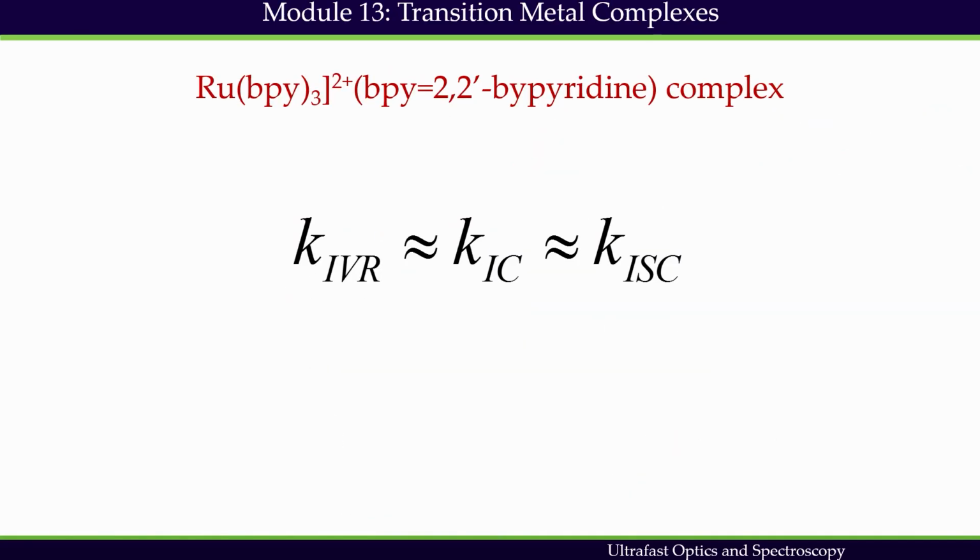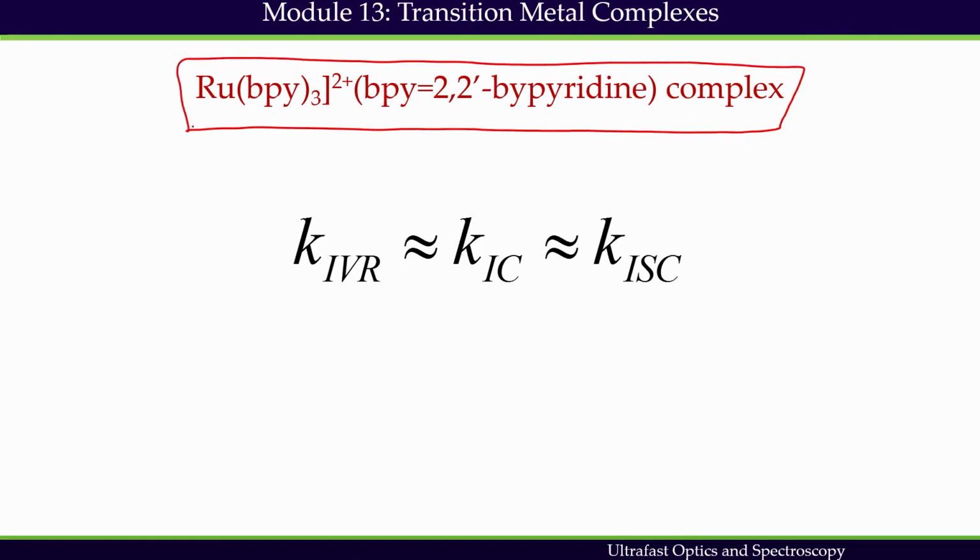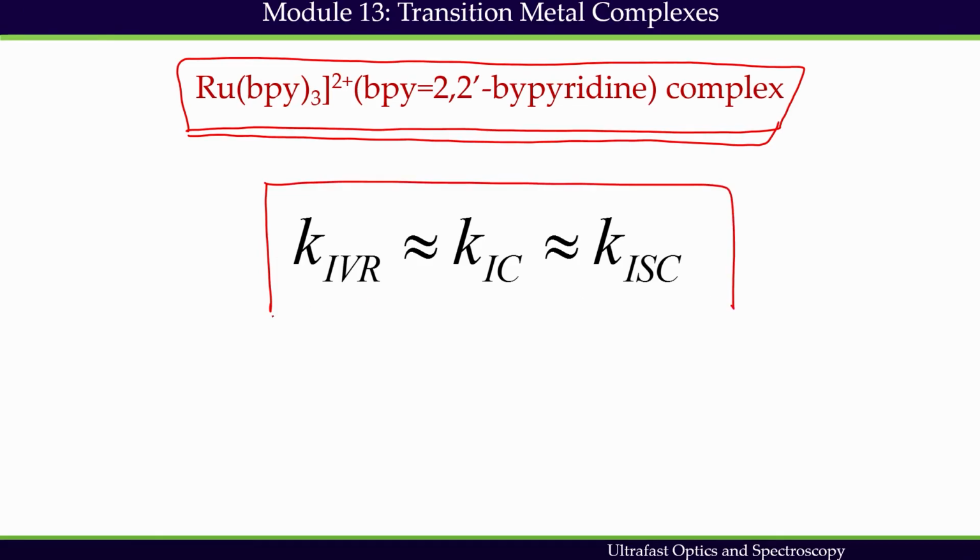Consider ultrafast relaxation of the electronically excited inorganic chromophore ruthenium bipyridine complex. What is the structure of this complex? I will show you in the next slide. But when ultrafast spectroscopy was employed to study the relaxation of this complex, with great surprise, it was found that all the rate constants are competing with each other.